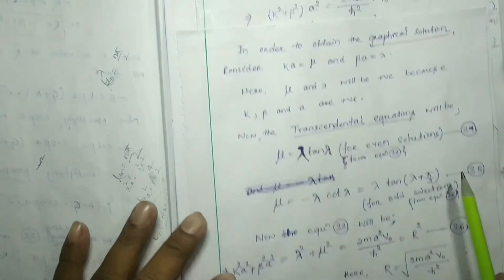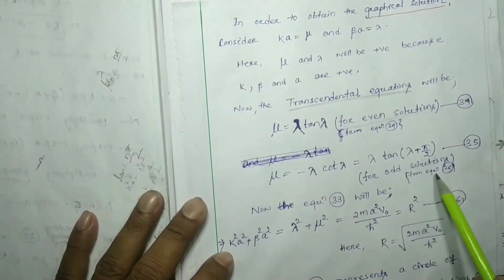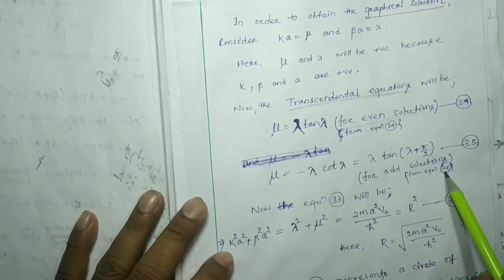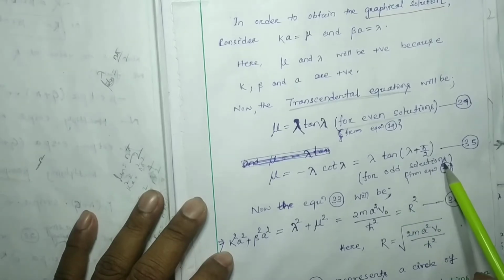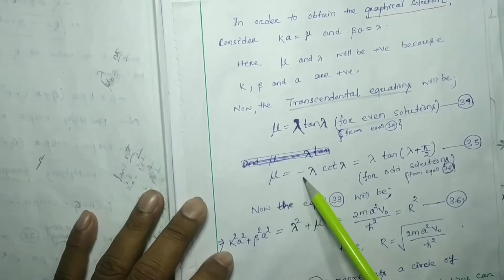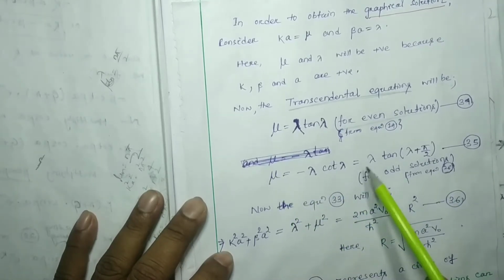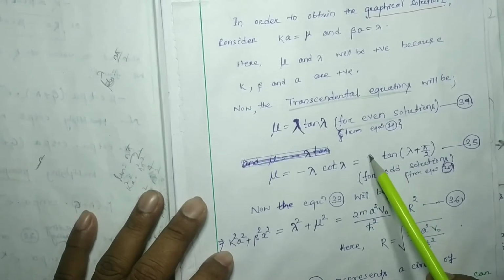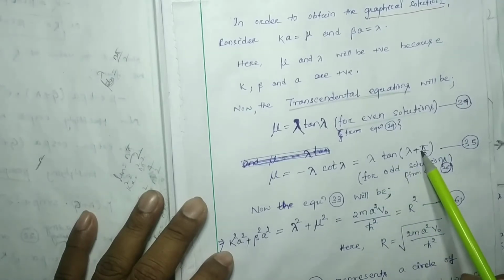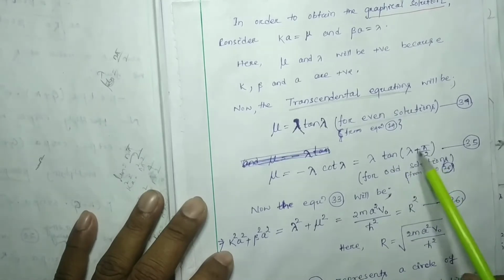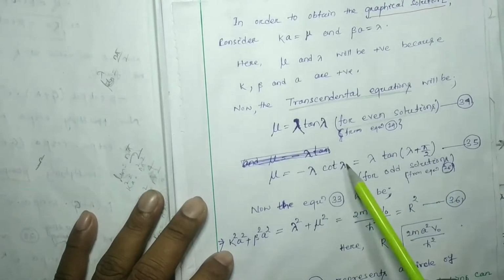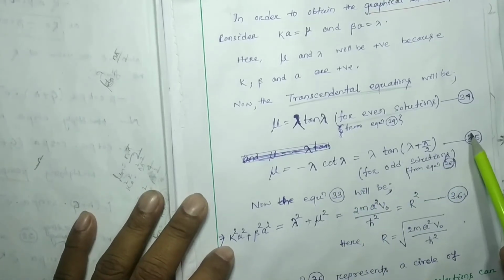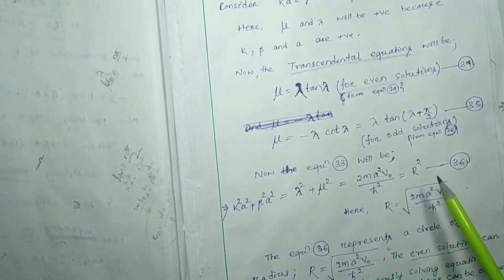And from the transcendental equation, that is from equation number 26, belonging to odd solutions, we found mu equal to minus lambda cot lambda, which can be written as lambda into tan of lambda plus pi by 2, because tan of pi by 2 plus lambda is nothing but minus cot lambda. So it is equation number 35.